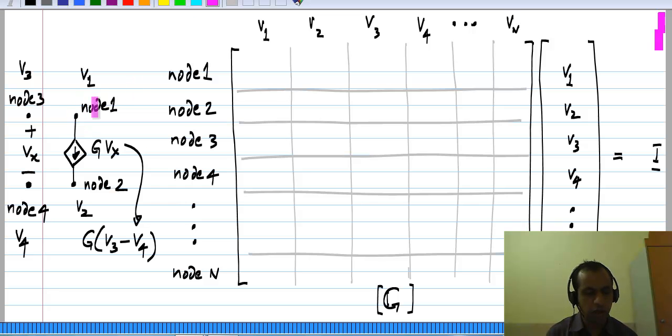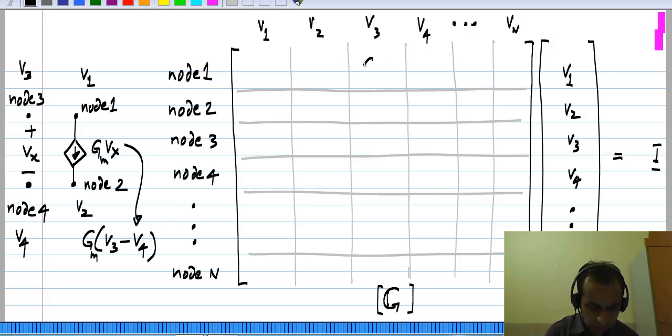First of all, the current is flowing from node 1 to node 2, which means that the equation for node 1 and equation for node 2, these two equations contain the term corresponding to the controlled source Gm. So the current flowing away from node 1 is Gm times V3 minus V4.